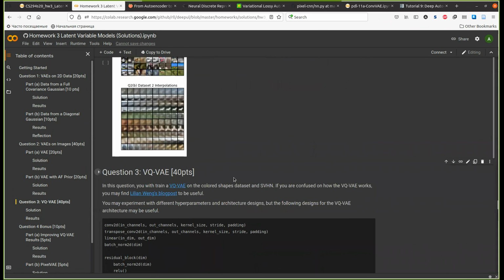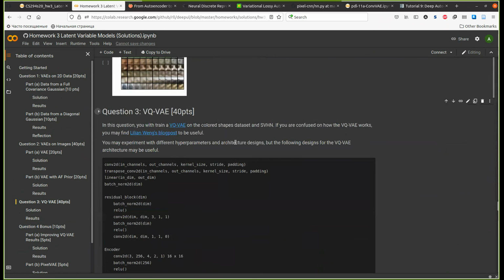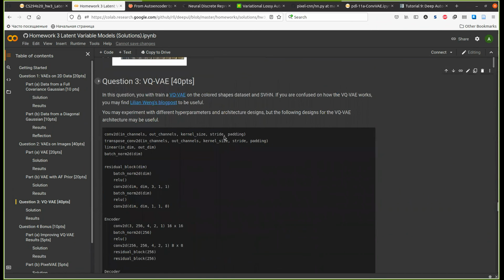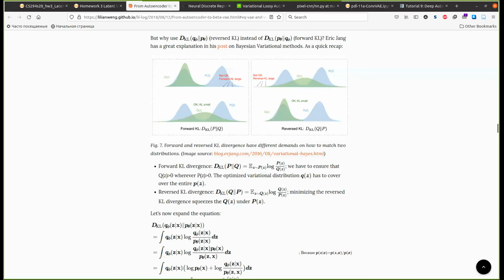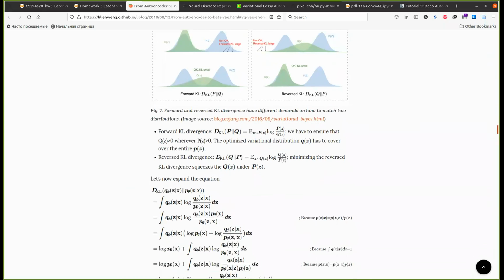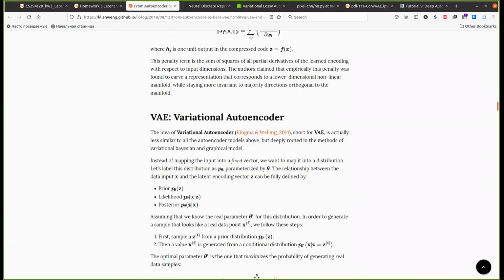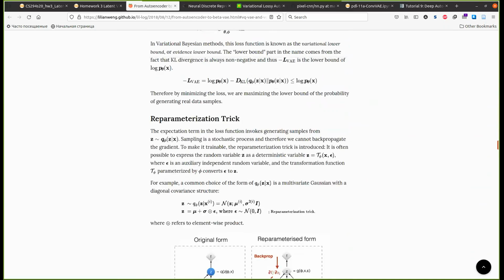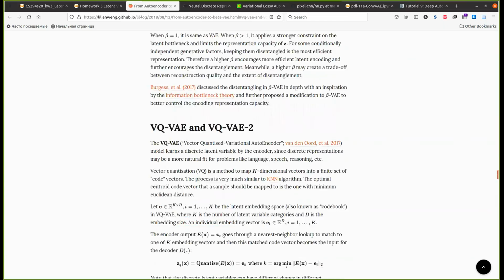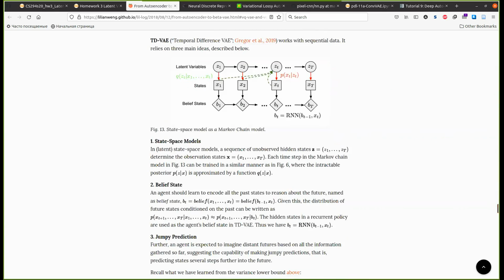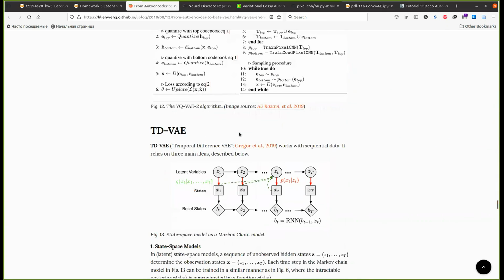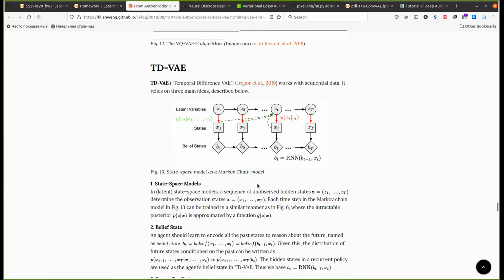So there are lots of interesting variations of variational autoencoders. For example, in Lilian Weng's blog mentioned in the homework, she also has this TD-VAE. It's kind of an interesting thing.